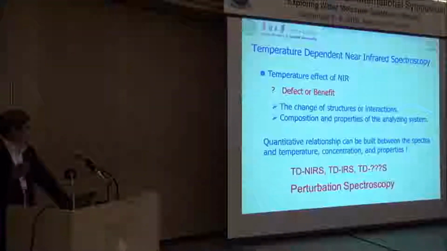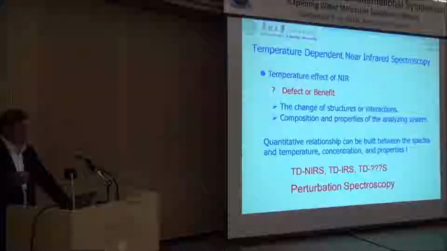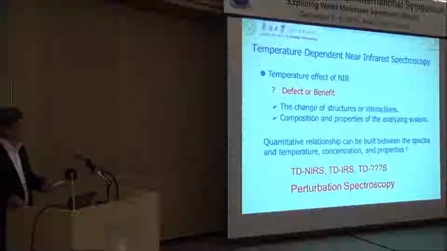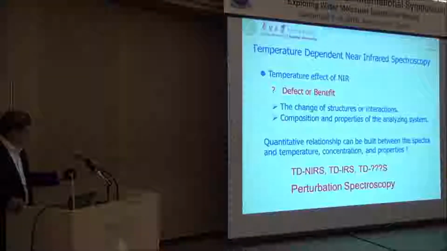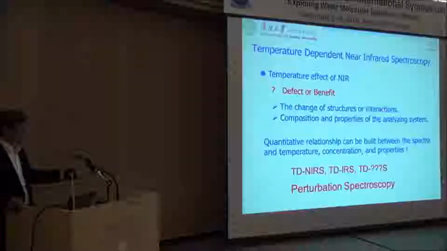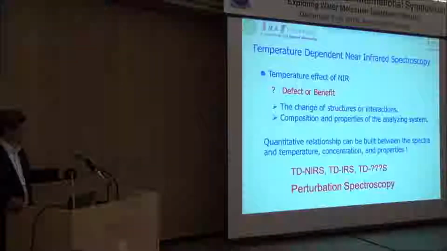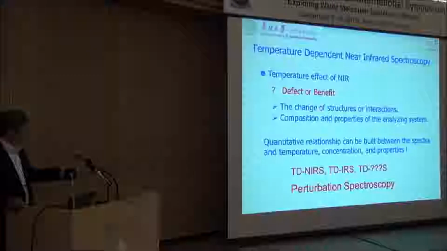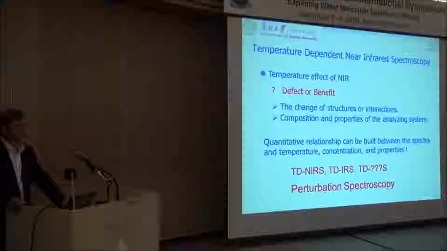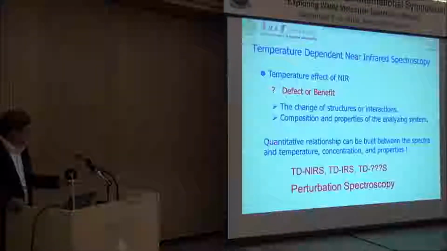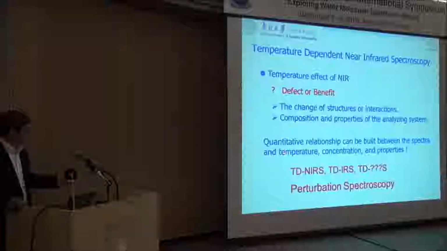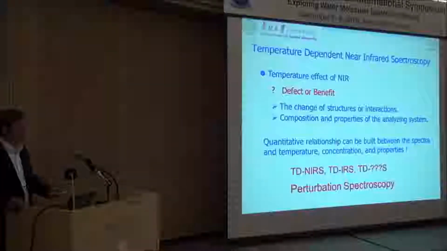But if we think about the cause of the effect, the effect is caused by the change of structure or interactions in the system. Such changes are related to the composition and properties of the analyzing system. So a quantitative relationship should be built between the spectra and temperature, concentration, and other properties.